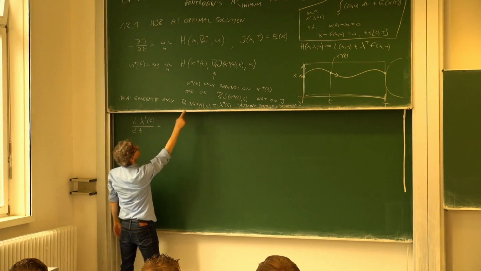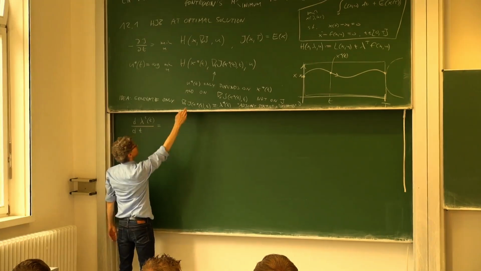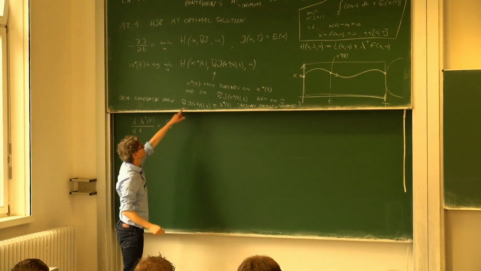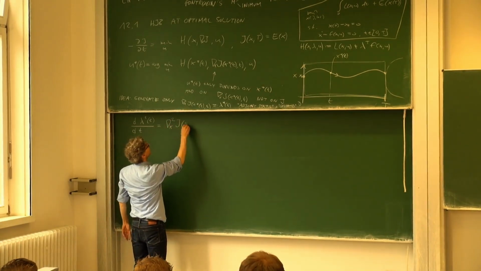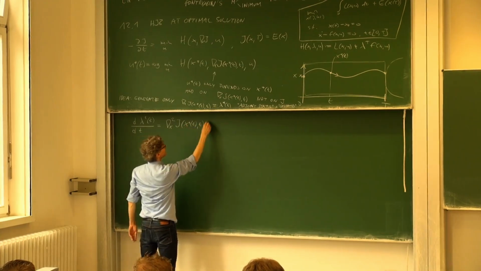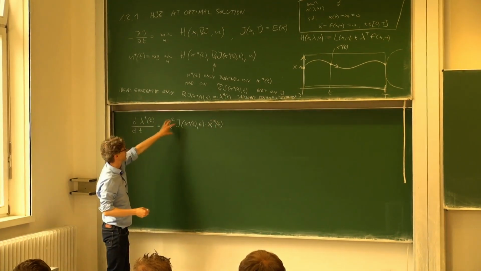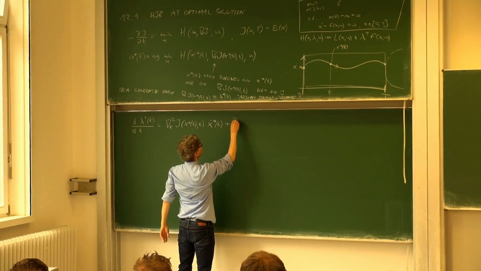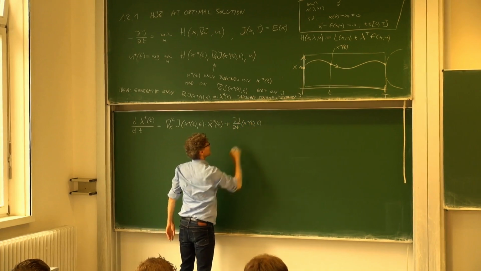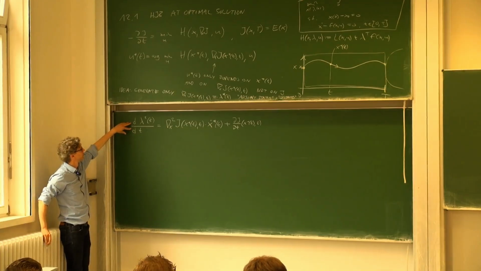So if you differentiate it, you will have to differentiate first with respect to x and then with respect to t. The differentiation with respect to x gives you a second derivative of this J at x star of t comma t times the time derivative x dot star of t. That's the first part, and the second part is now dJ by dt at x star of t comma t.